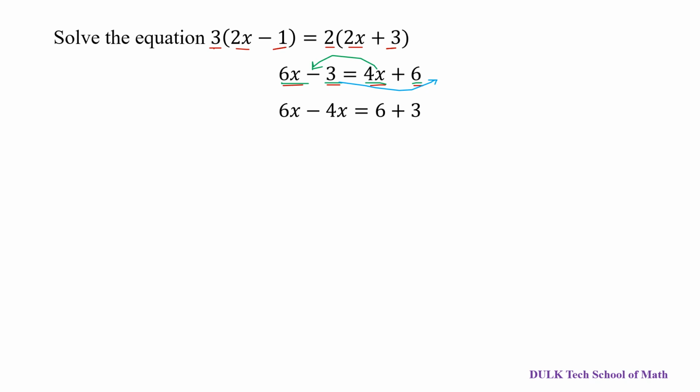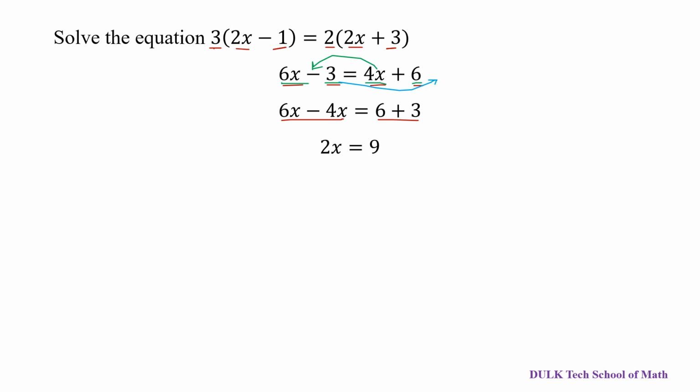Right, so the next step is now to simplify both sides. 6x minus 4x is 2x. 6 plus 3 is 9. So this reduces to 2x, which will be equal to 9, like this.